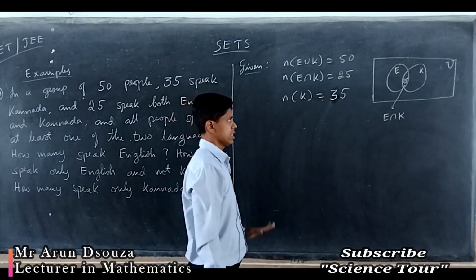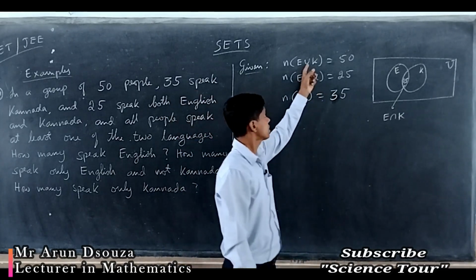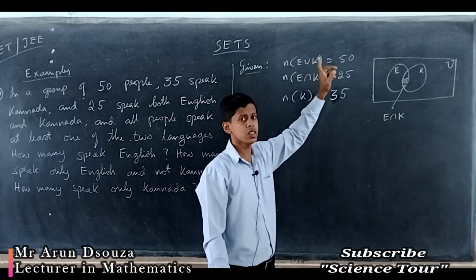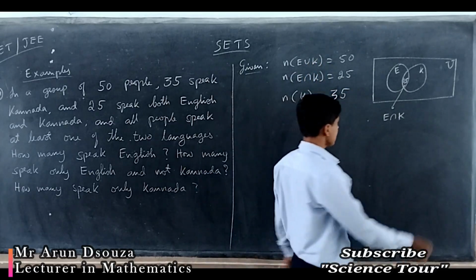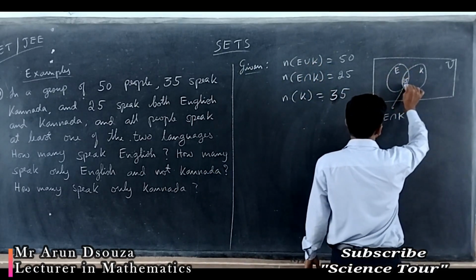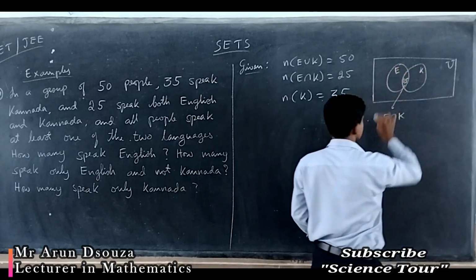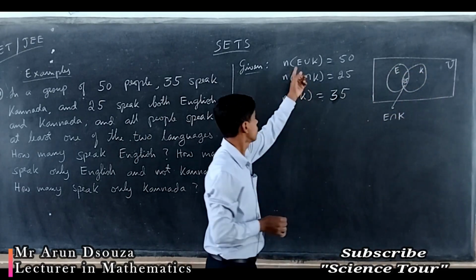Well, next, understand what is the union and what is the universal set. See, union is this region. What is N of E union K?